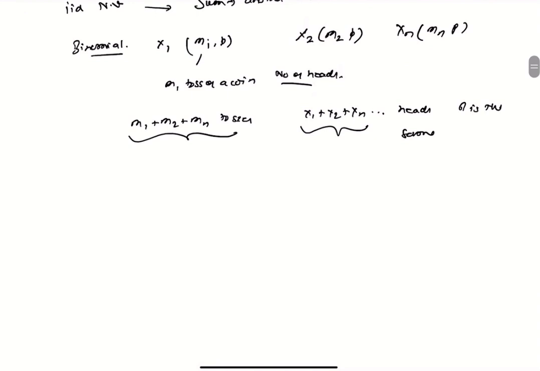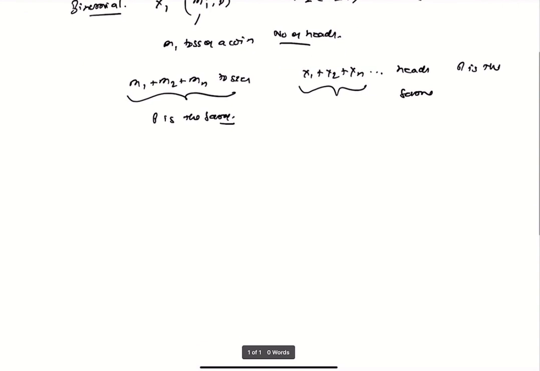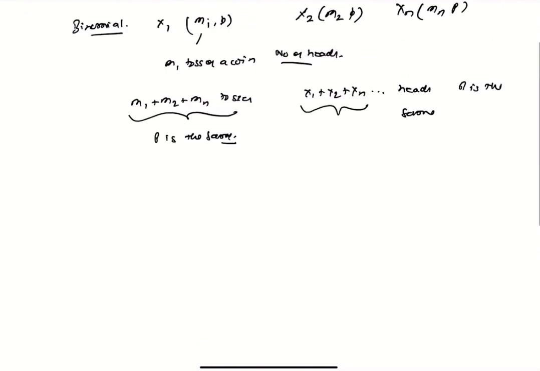So for binomial distribution also, as long as the p is the same, you can just add the variables x1 to xn.